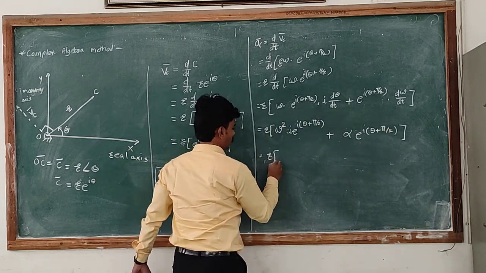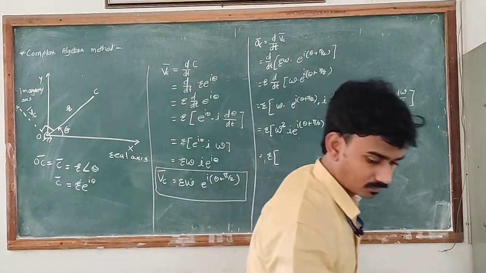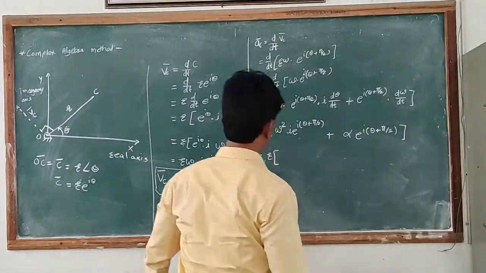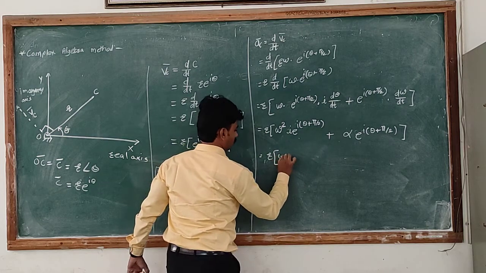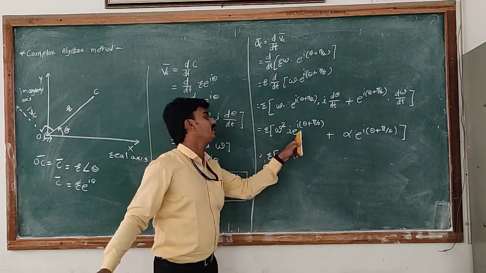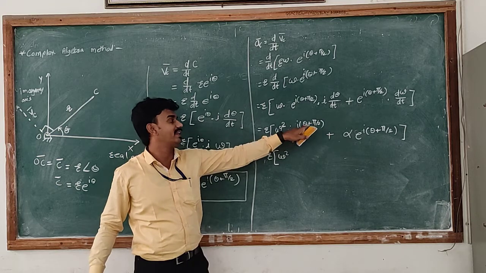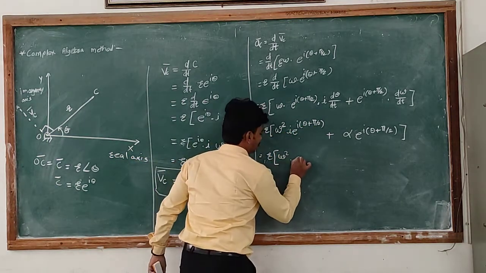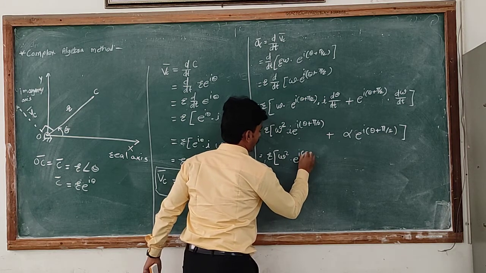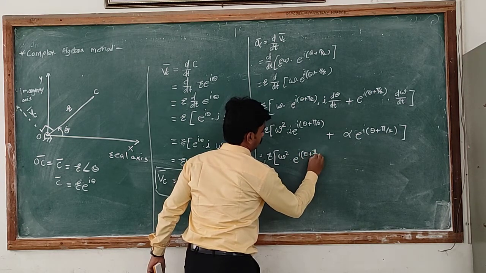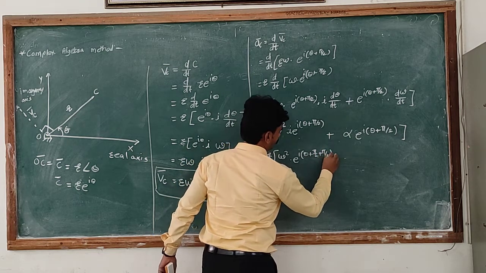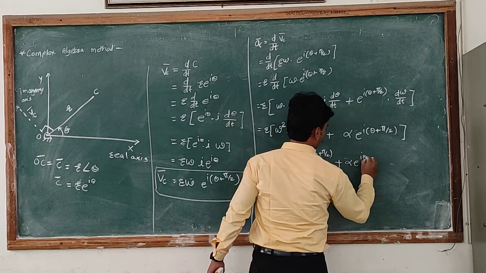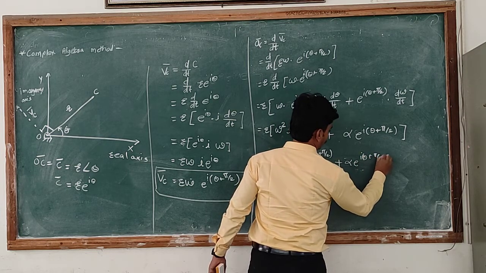Here, r into omega square i into e raised to i theta plus pi by 2. If we take the expansion of this, we will get e raised to i into theta plus pi by 2 plus pi by 2, plus alpha into e raised to i into theta plus pi by 2.